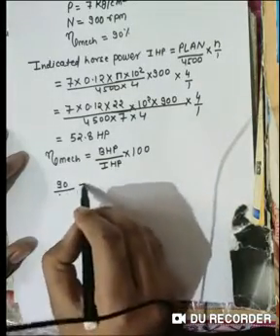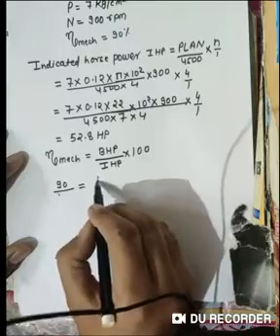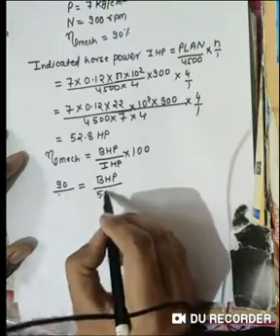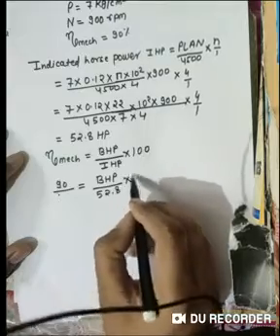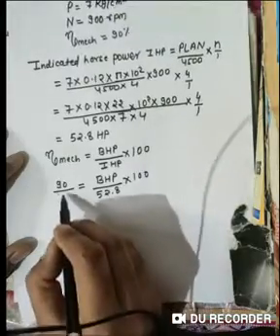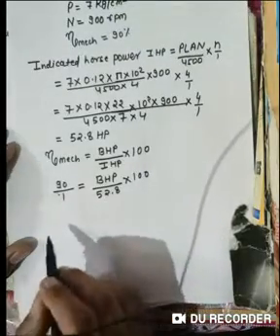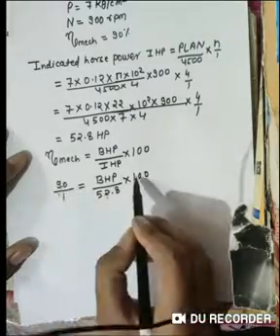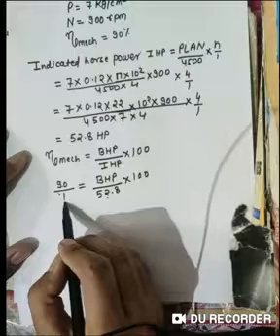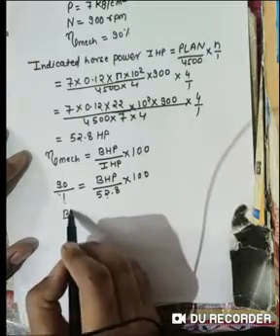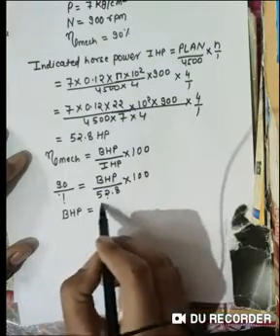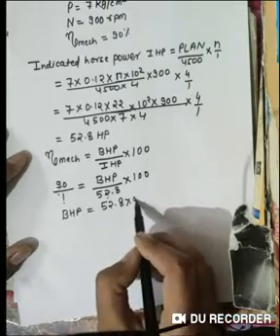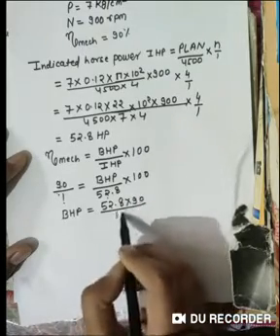Okay, 90 is equal to bhp, we have to calculate the bhp, and ihp is 52.8, multiplied by 100. So by writing 1 in the denominator, we cross multiply. This is multiplied with this, and this comes in the denominator. So bhp is equal to 52.8 multiplied by 90, divided by 100.